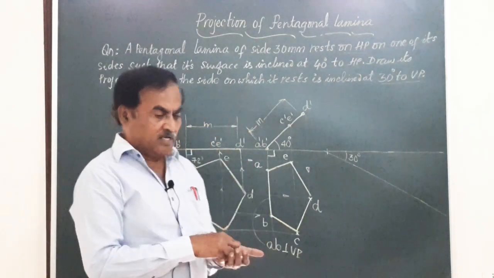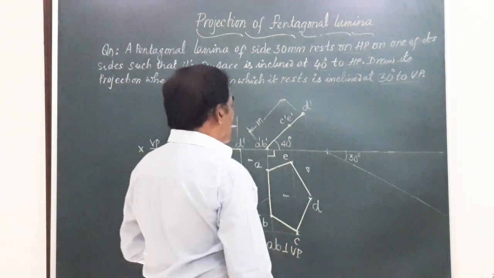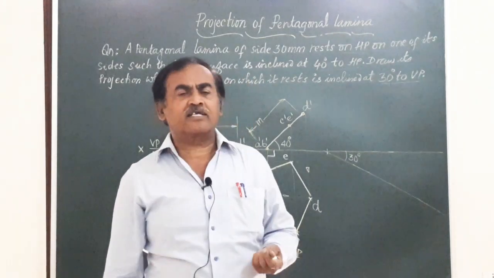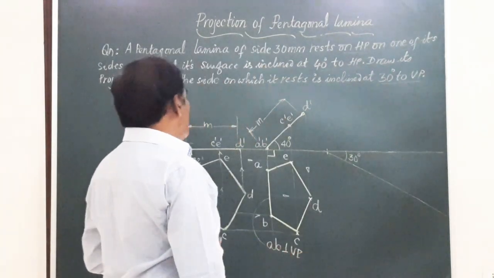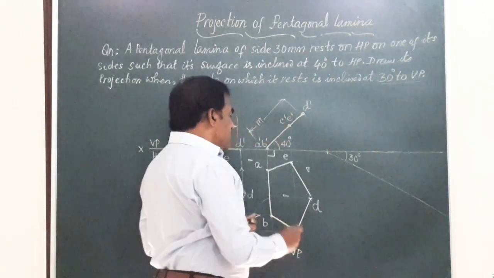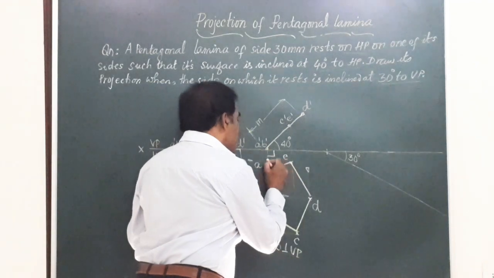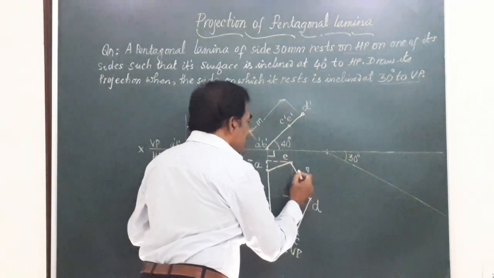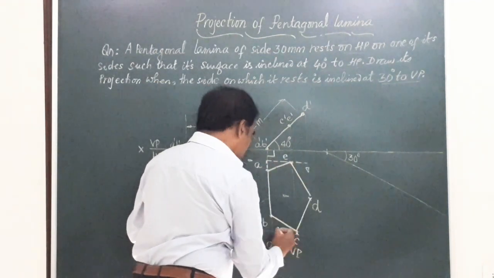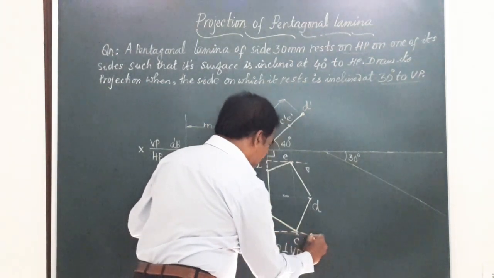Friends, in these problems, excepting the square and the rectangular laminae, for all the other figures whenever you want to redraw, you have to enclose the previous figure in a box. So I am going to enclose this distorted pentagon in a box named PQRS.